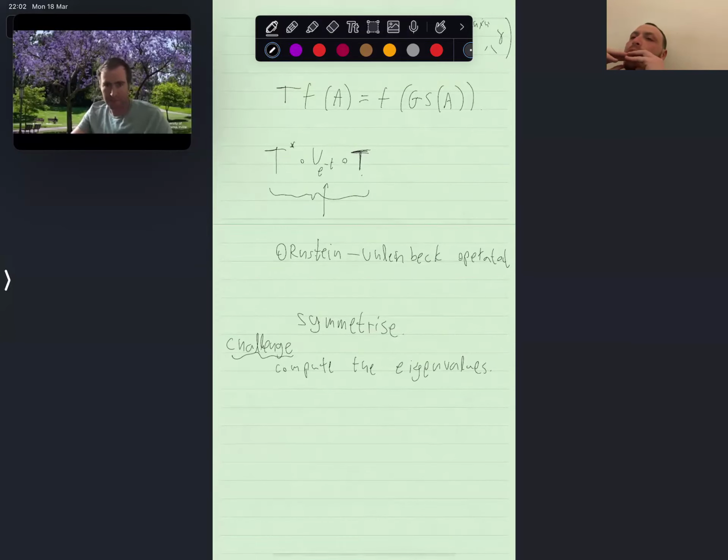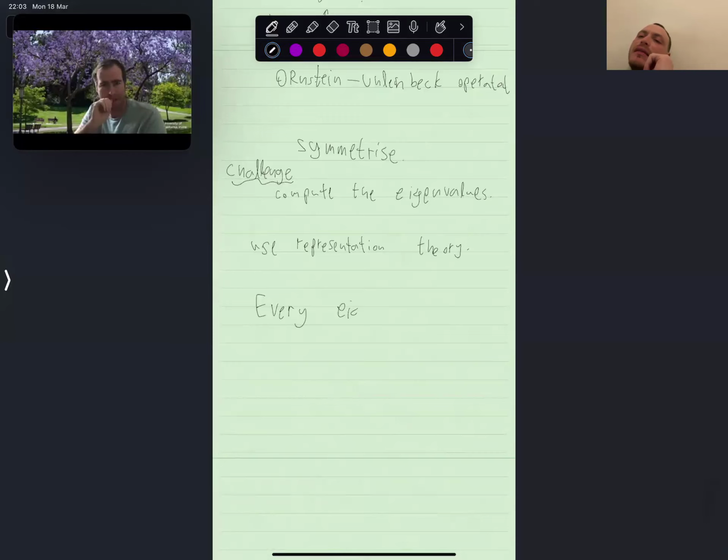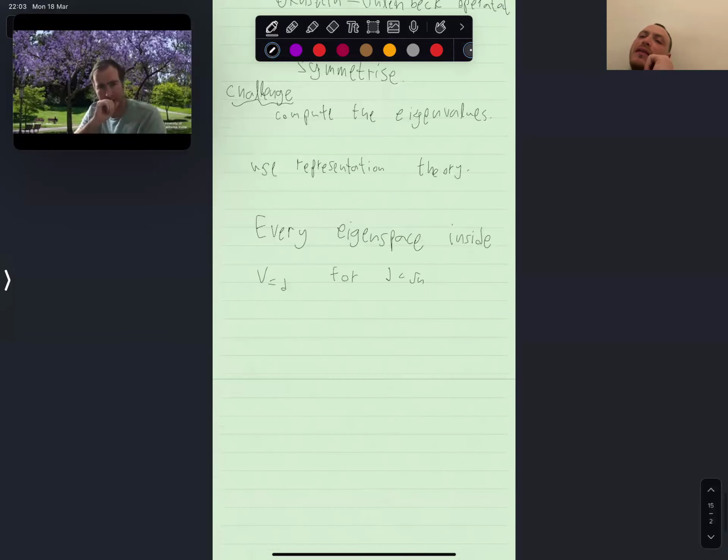One idea is to show that every eigenspace inside V equal to D, for D smaller than root n, contains a nice function. This you can do using representation theory.